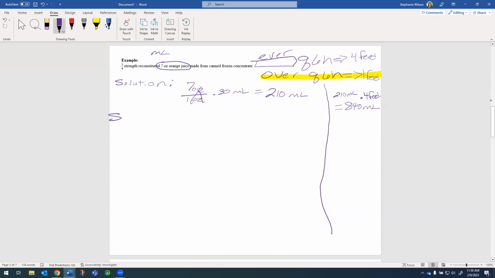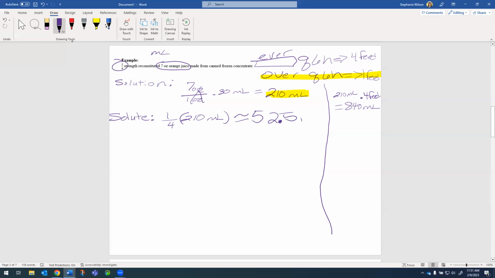All right, let's figure out what our solute is. Our solute is going to be the strength, which in this case is 1/4, times our solution. Let's talk about this one first. It's going to be 210 milliliters. So basically, I'm going to say 210 times 1 divided by 4. And that gives me 52.5 milliliters.